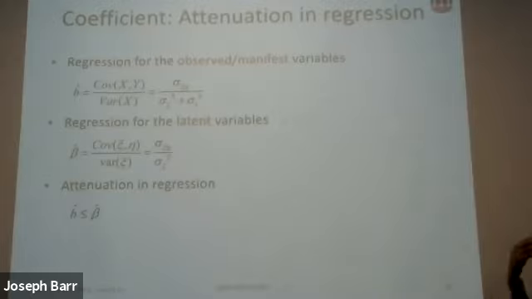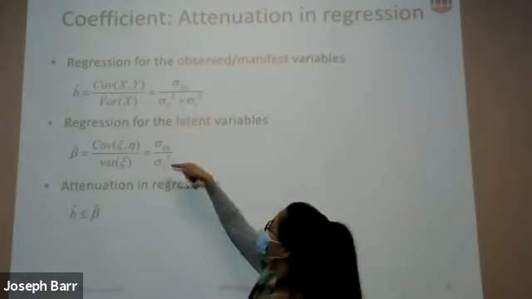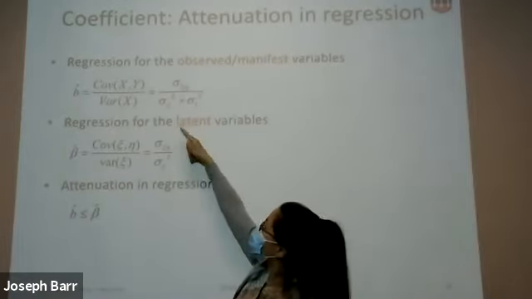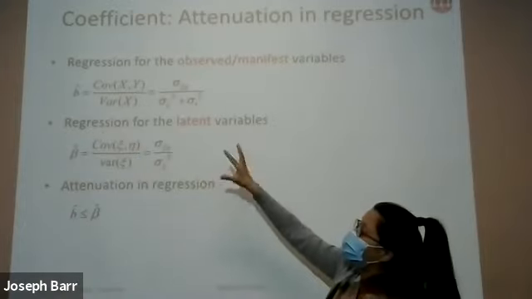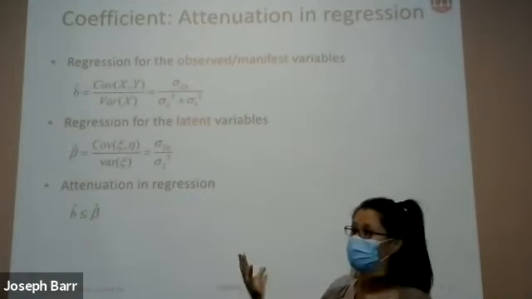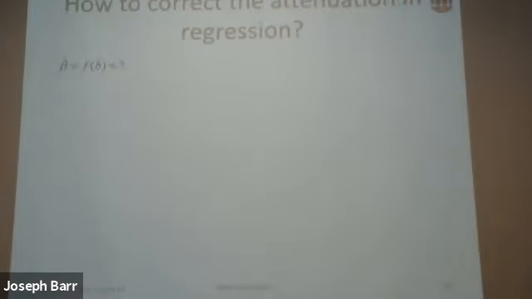If you compare, this part is just the reliability of X. So B divided by the square root of the reliability of X is the corrected, true regression slope. I leave this question to you as an exercise, because it's really simple, just a similar exercise.